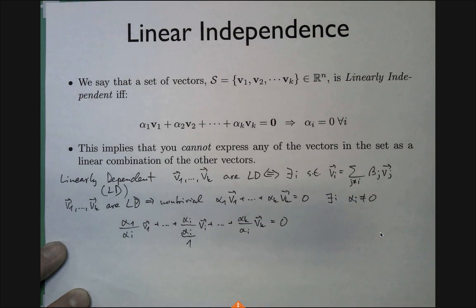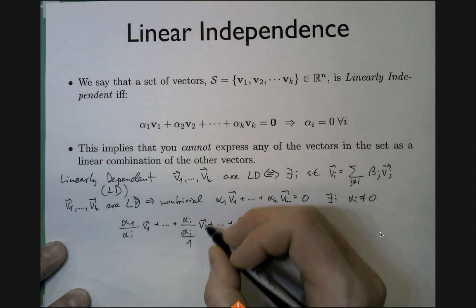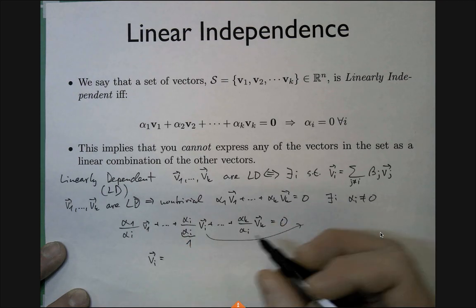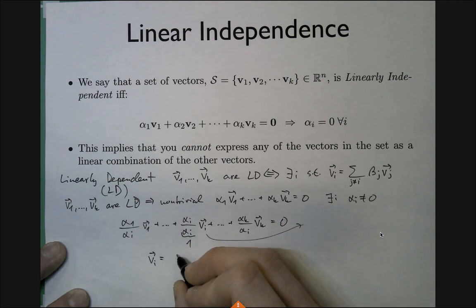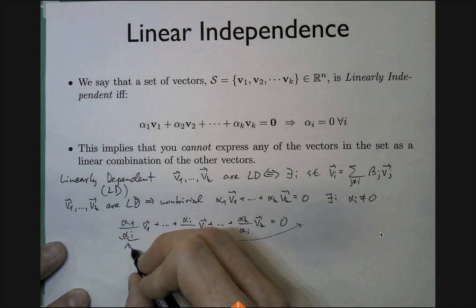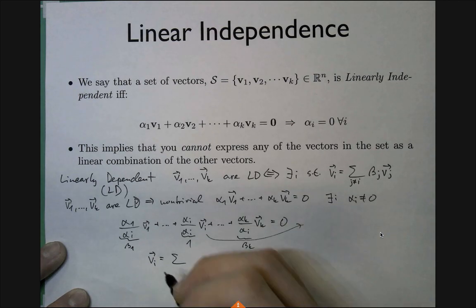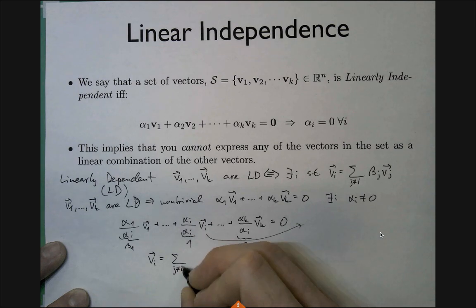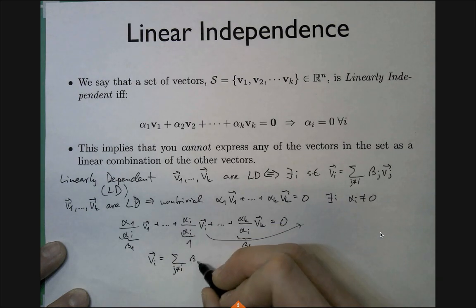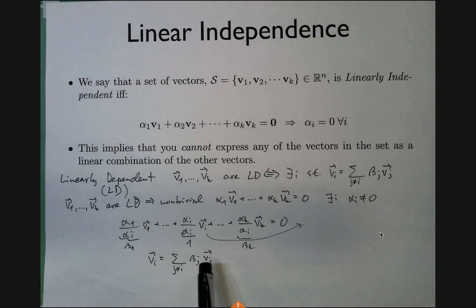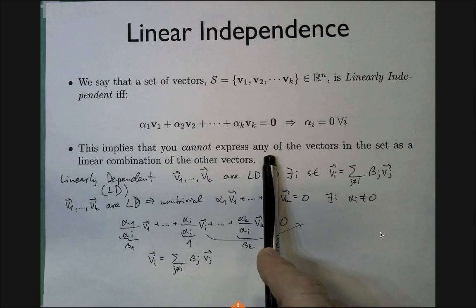Now I can just put vi on the right hand side, and what I get is that vi equals a sum of beta j vj, where I call these coefficients beta 1 up to beta k, and j goes over all indices except for i. This is 1, so I don't really need it. So indeed, this is what the second bullet point says. Is it clear to everybody?